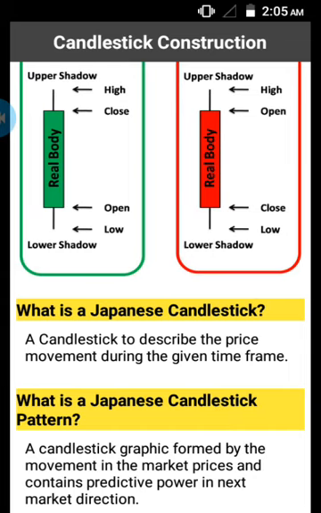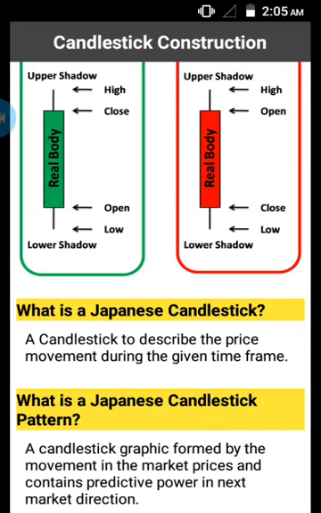As it opens at a certain price level, it can push itself to a higher price than the opening price, and as it pushes to a higher price, we call that a high. It can also push itself to a lower price than where it originally opened, and we call that a low. And then it closes.